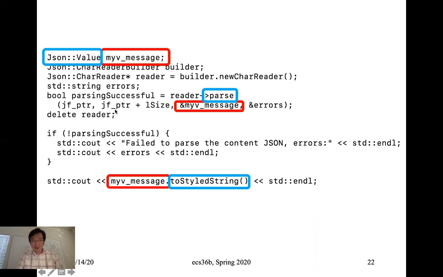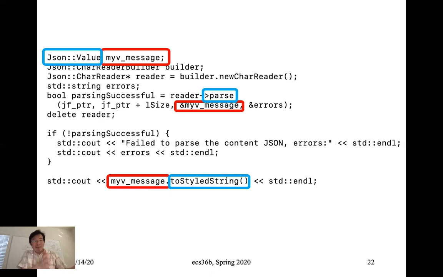So it means JF pointer plus L size. You probably heard me use the same variable name L size to represent the number of characters in a file or a string. In this particular piece of code, I'm reading a JSON string from a file. So I open the file, JF pointer is pointing to the beginning of the file, and JF PTR plus L size is pointing to the last byte of the file.